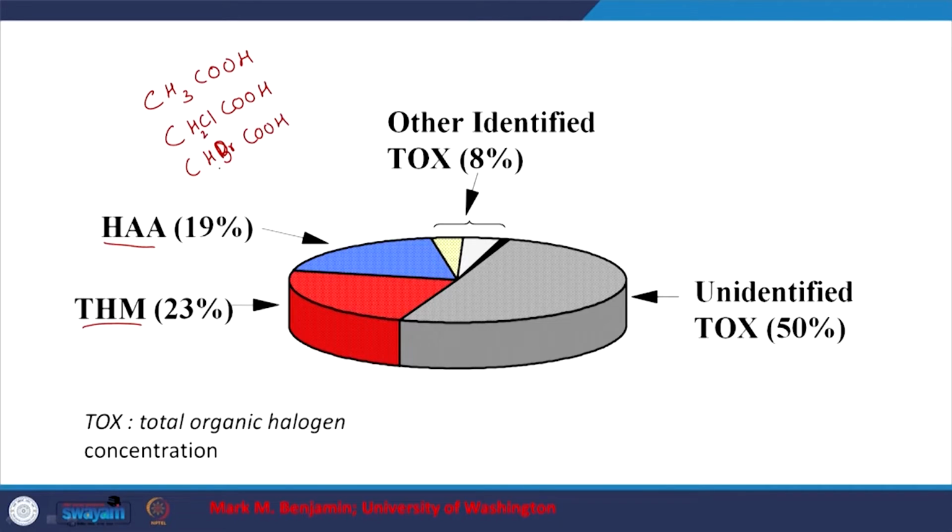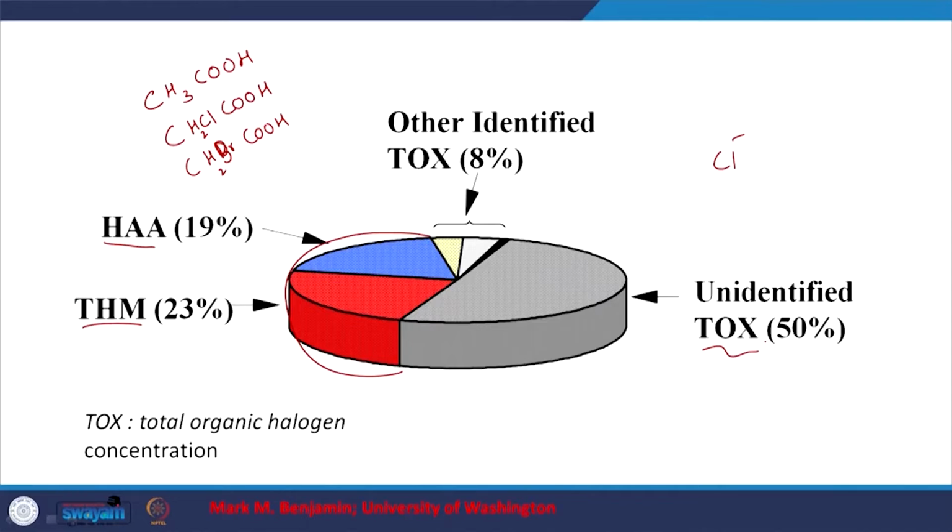These are called haloacetic acids, but as we can see, for the total organic halogens, these trihalomethanes and haloacetic acids only cover around 40% or 42% of the total organic halogen concentration. There are other unidentified organic halogens out there. These wreak havoc with the aquatic ecosystem, so you should try to limit them whenever possible.